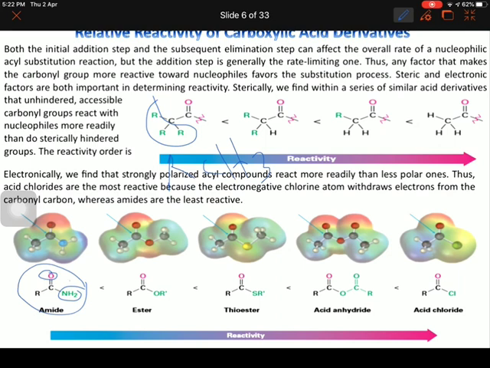Because nitrogen has higher electronegativity and has an empty orbital, so the electron is most of the time beside the nitrogen. In this case, losing the group is not easier. But for the carboxylic acid halide, we have chloride, which has higher electronegativity than the others. So in this case, higher electronegativity means higher polarity. That's why we say the reactivity of the carboxylic acid halide is higher than the amide.